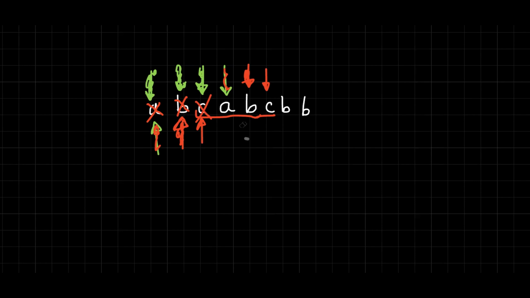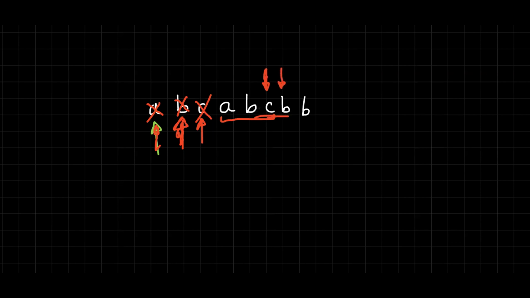So far, so good. Now this substring A, B, and C, all elements are unique. So we shift our ending pointer to this position, B.